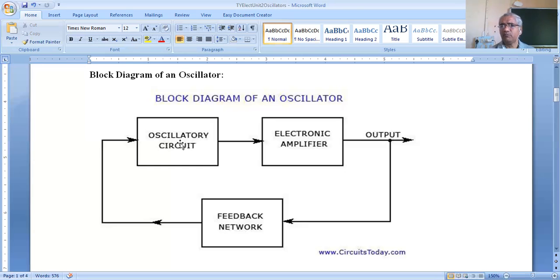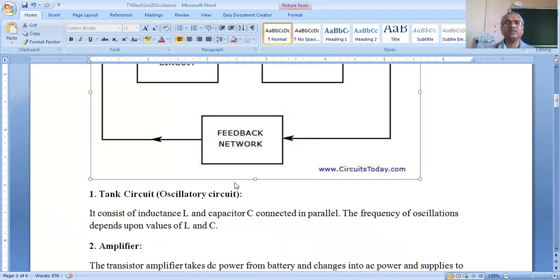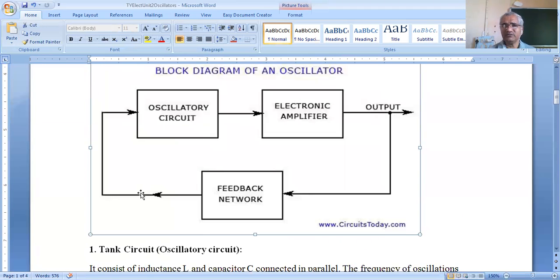So here the positive feedback is required. We will see in the next slides what are the types of feedback, and what are their advantages and disadvantages. So this is the block diagram.